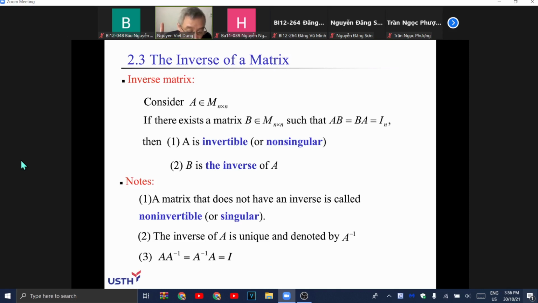Because we have only one inverse, we denote it by A to the power -1. Then those formulas become A multiplied by A to the power -1 equals A to the power -1 multiplied by A, equals identity. We call it A inverse, right? Like that. I here means identity. I here and I here are the same. That is the identity matrix of order n.